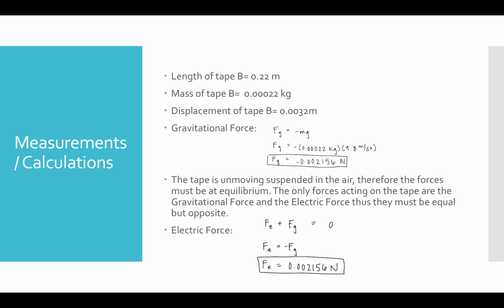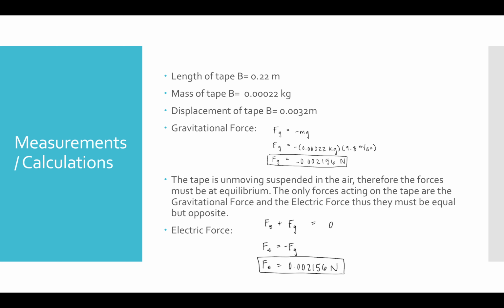You're able to calculate the gravitational force from this pretty easily just by multiplying the mass of tape B times the gravitational acceleration, which is a known constant. And so you're able to get Fg is negative 0.002156 newtons.